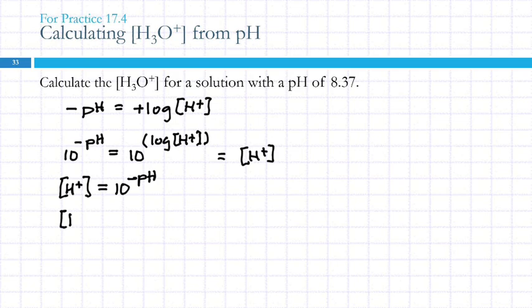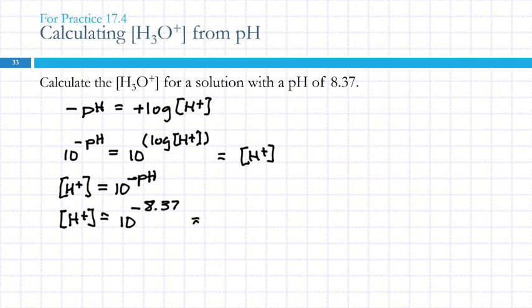So they told us the pH. So then we're going to have 10 to the negative 8.37. And yes, your calculator can do that. Its 10 to the x button is on the same button with the e to the x button. Just press it twice, and then type in negative 8.37.